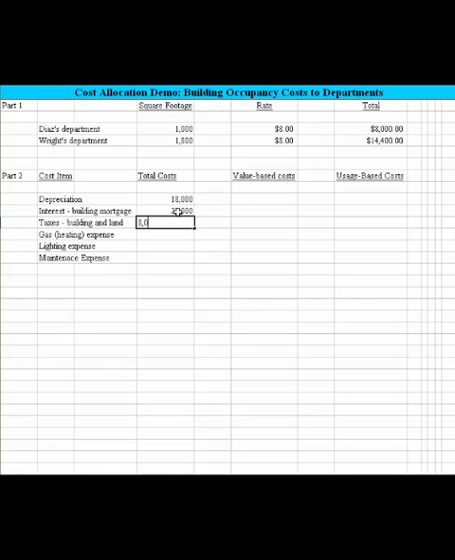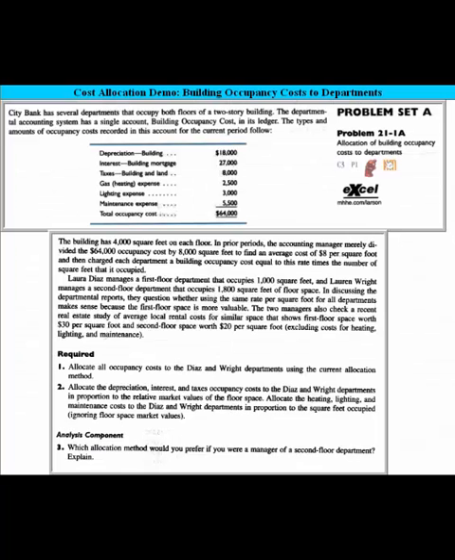Taxes, $8,000. Gas and heating, $2,500. Lighting expense, $3,000. And maintenance expense, $5,500. You'll see that I'm pulling that directly from the numbers that were given in the problem right up here, just to the left of my mouse.